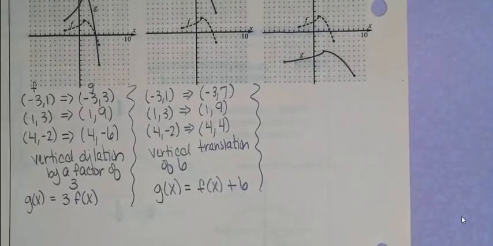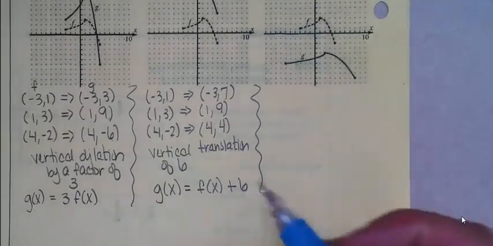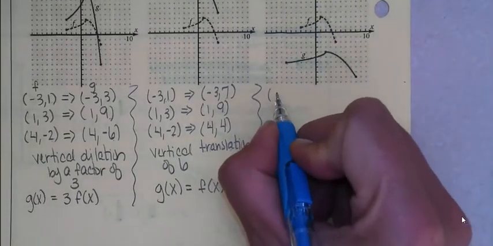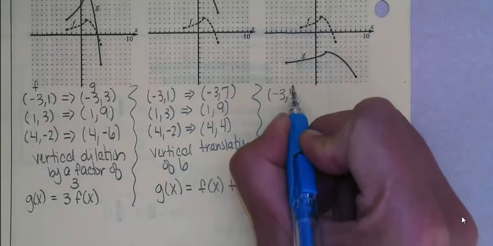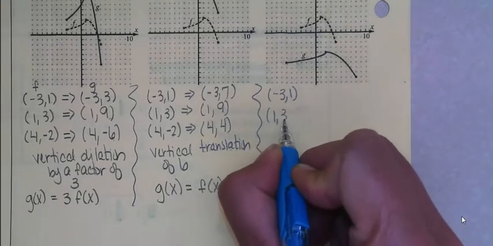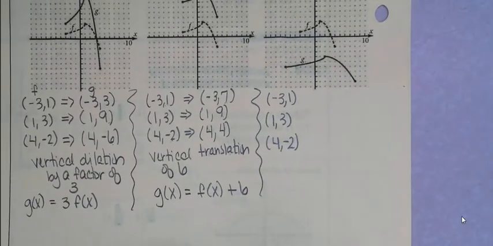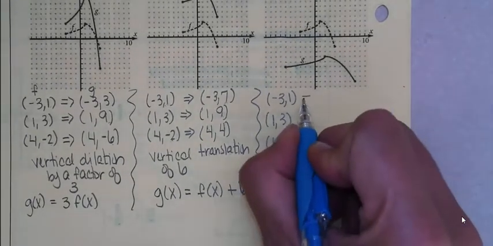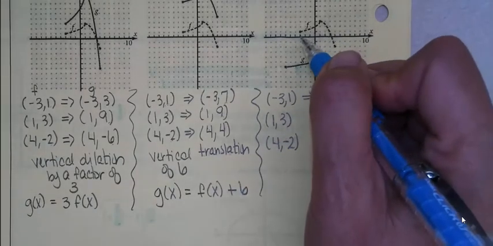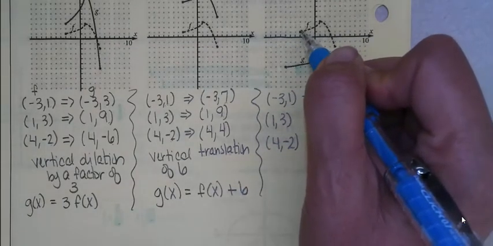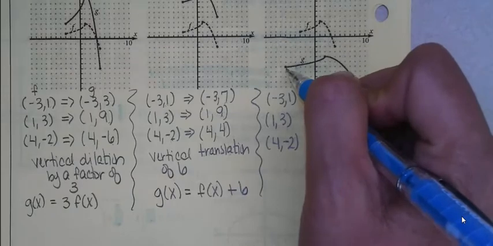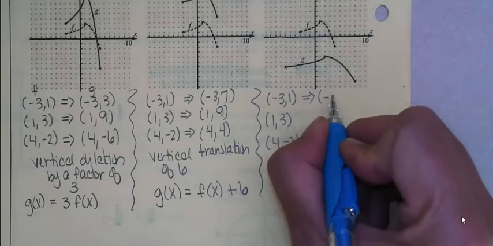Okay, and then the last one, I'm going to do the exact same thing. So I'm going to start with my original points. It's the same pre-image, so same original points. All right, so my first point, negative 3, 1, turned into negative 6, negative 6.